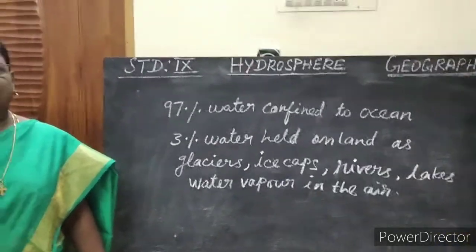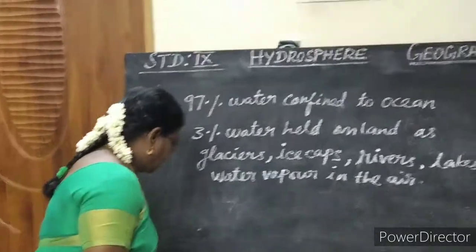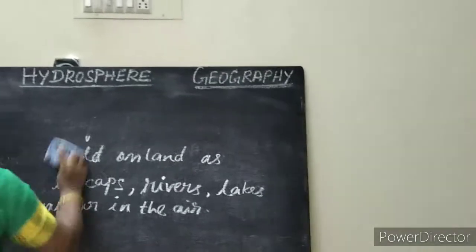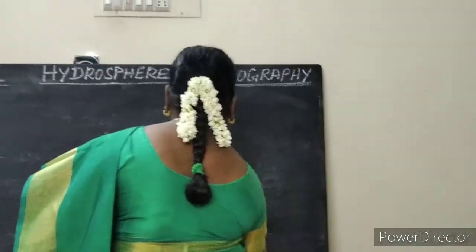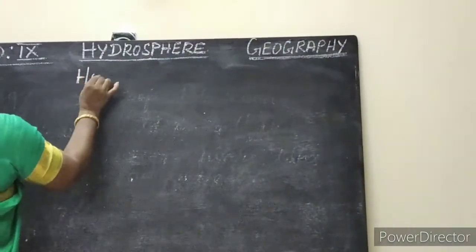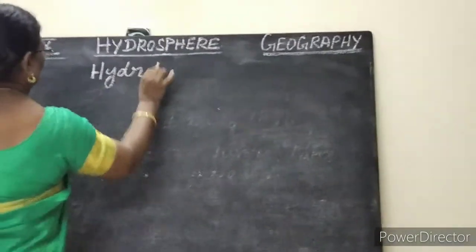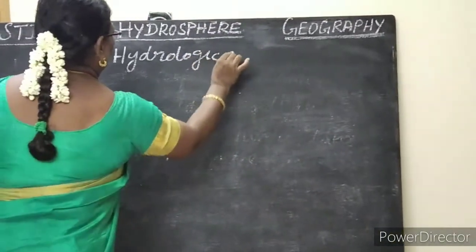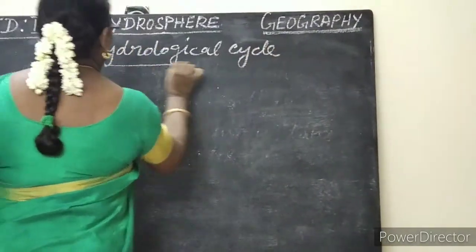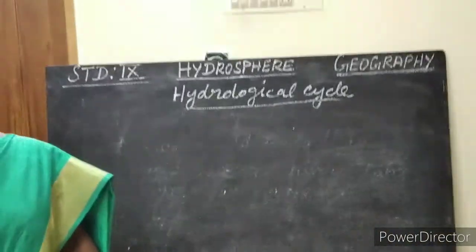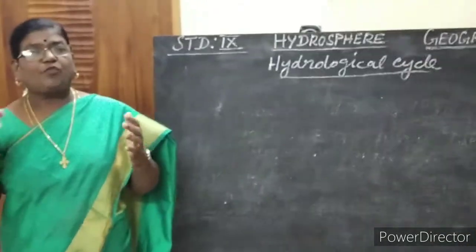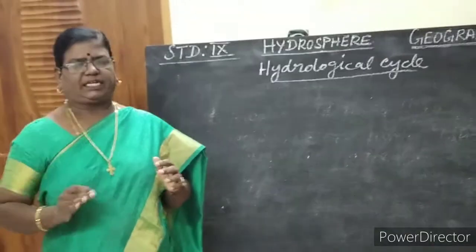Next we will see the hydrological cycle. What is that? Hydrological cycle. The earth's water is not static.